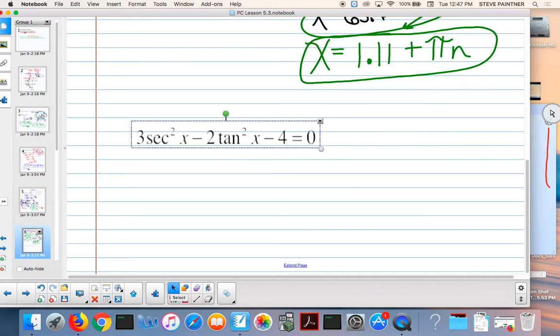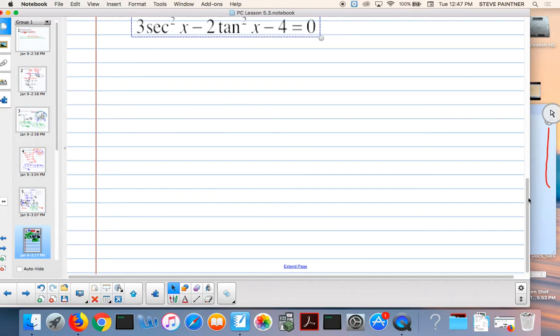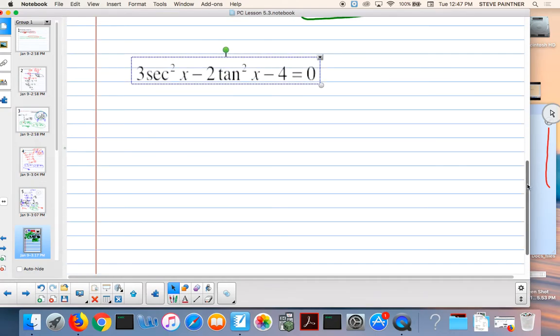Okay, last one on this page, I think. This one is kind of different because why? Two different functions, secant versus tangent. You know, when you guys solve equations, you like it just to be x's or y's, and let me solve for x and let me solve for y. Is there anything I can do here? Change it to what?